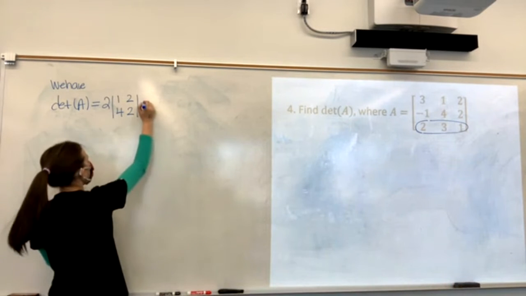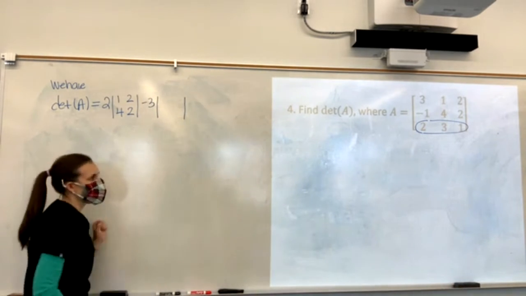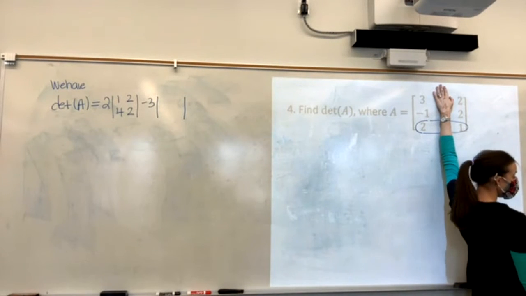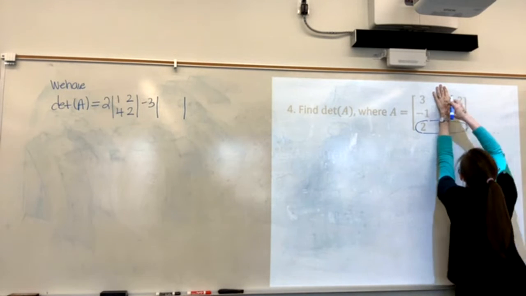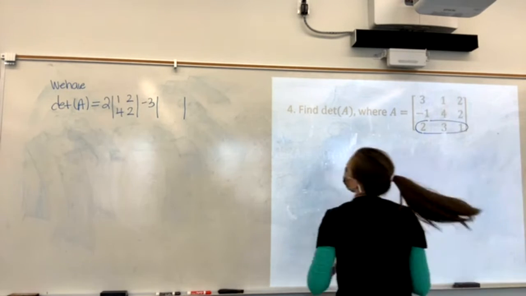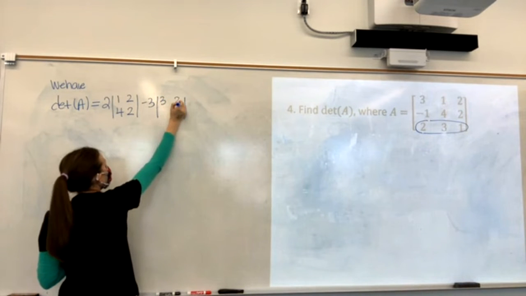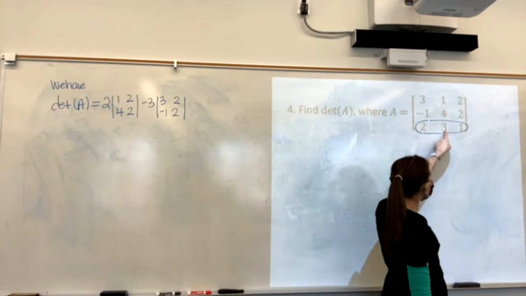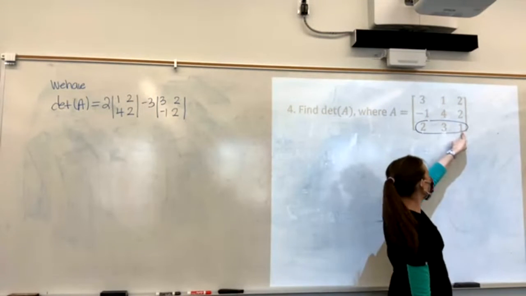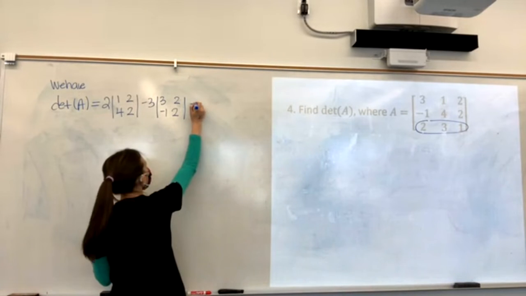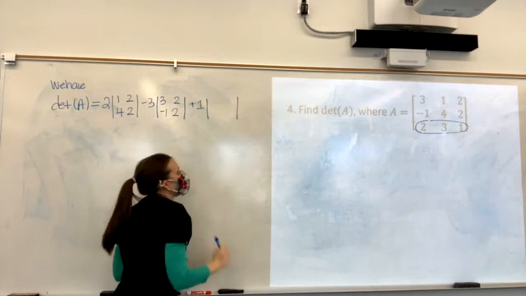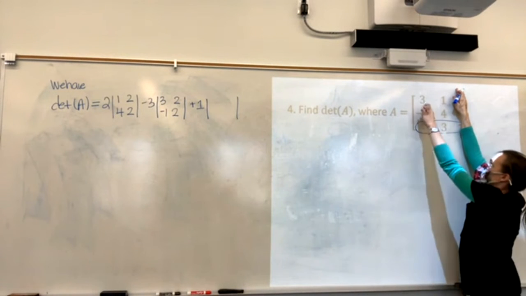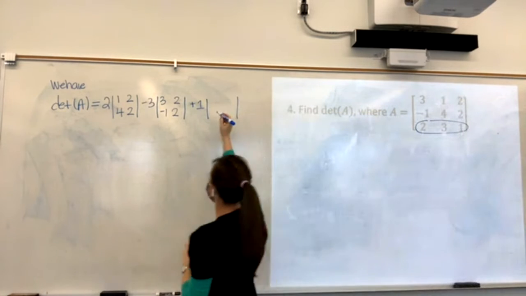So I would do minus 3 times the determinant of what I get if I delete the row and column containing that 3. That leaves me with 3, 2, negative 1, 2. And last but not least, it was positive, negative, positive, so it'll be a positive 1 times the determinant of what I get if I delete the row and column containing 1. So 3, 1, negative 1, 4.